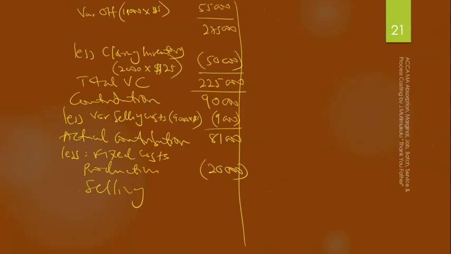So we slot in those figures, and we come up to 81,000 minus 20,000 minus 2,000, we get 59,000 as our actual net profit.